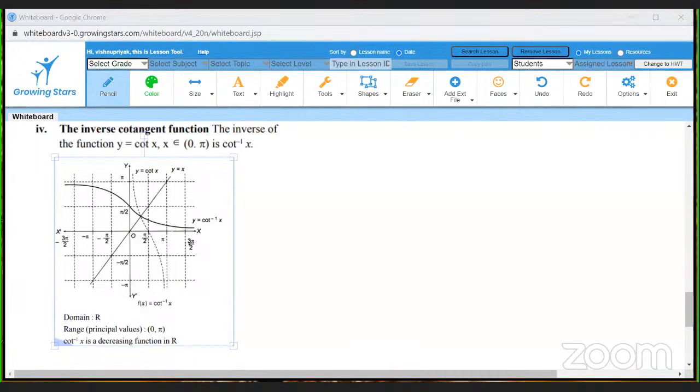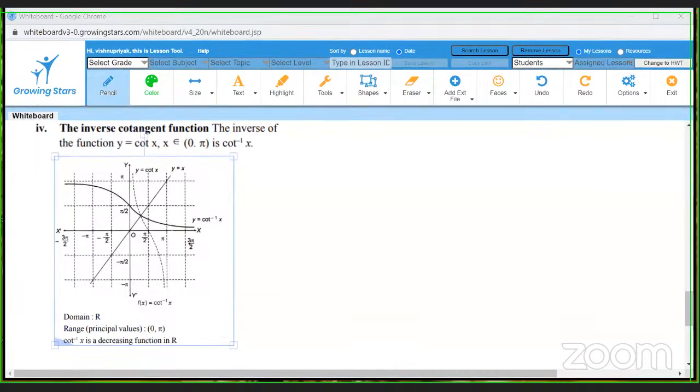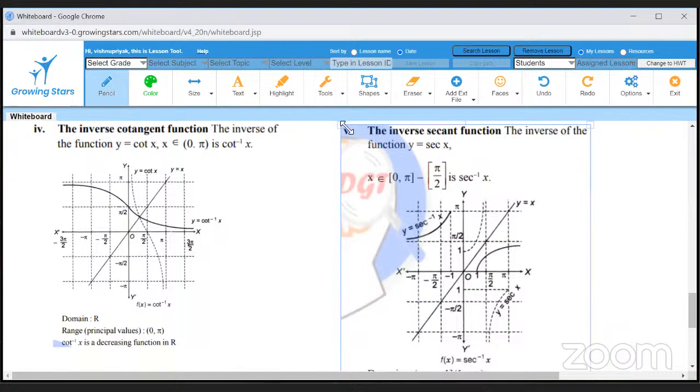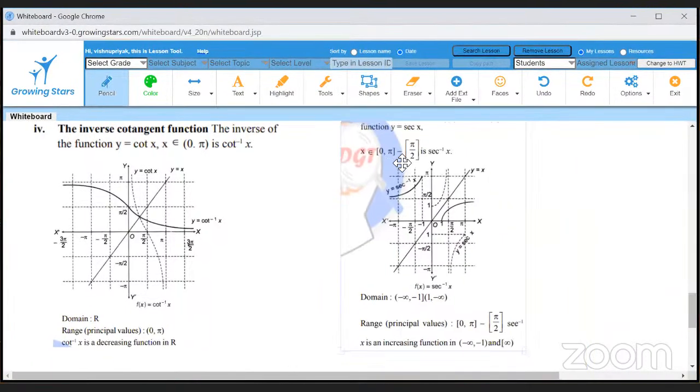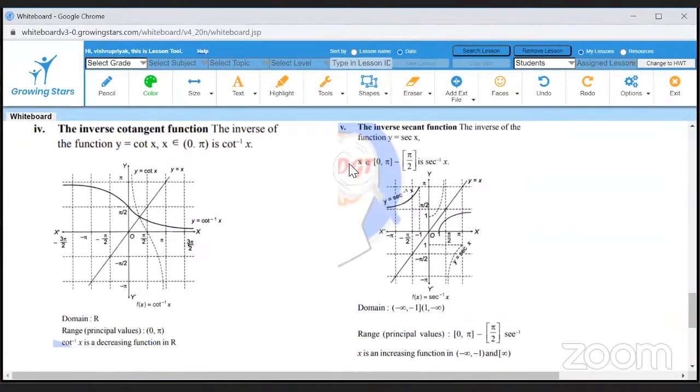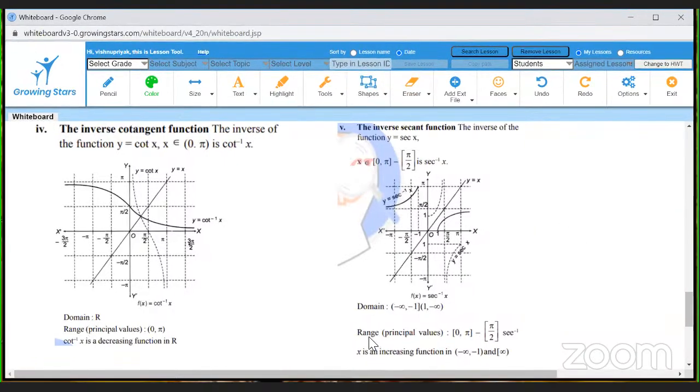Learn by heart the graphs, the domain, range, increasing, decreasing. As perfect as you are with the formulas, that perfectly you can do the problems. If you are not good at formulas, you can't do the problems either. So this is the secant inverse function graph.